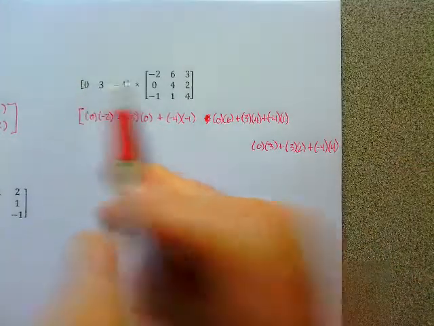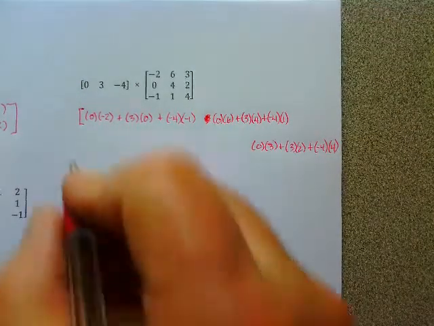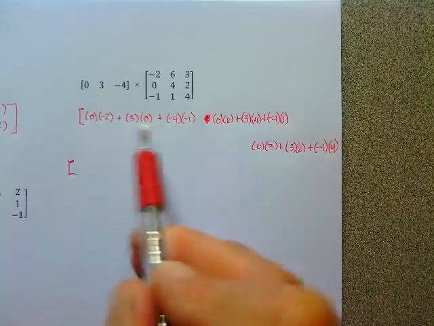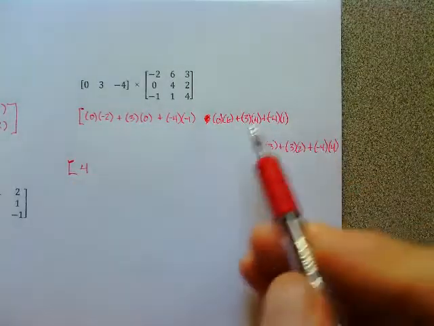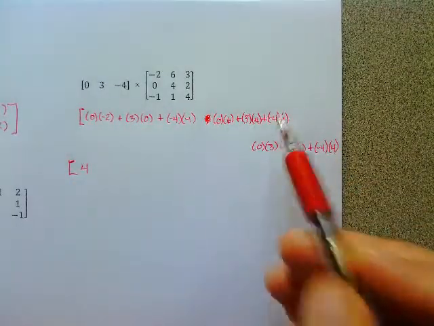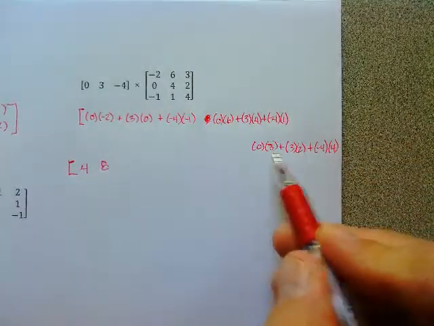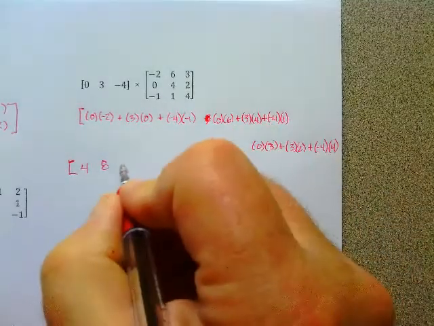So these times those 3. And put it all together, we have 0 and 0 and 4. And then here 0, 12 minus 4. And then here 0, 6, minus 16.